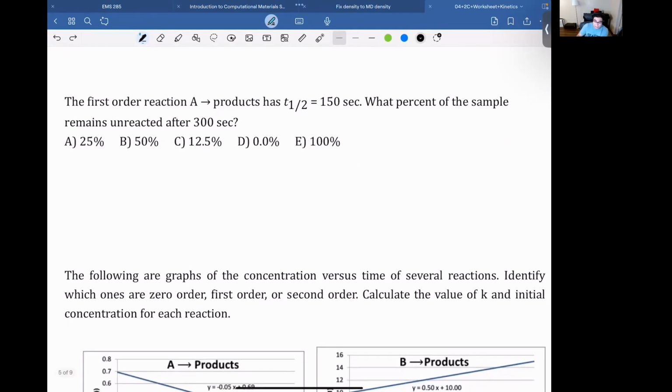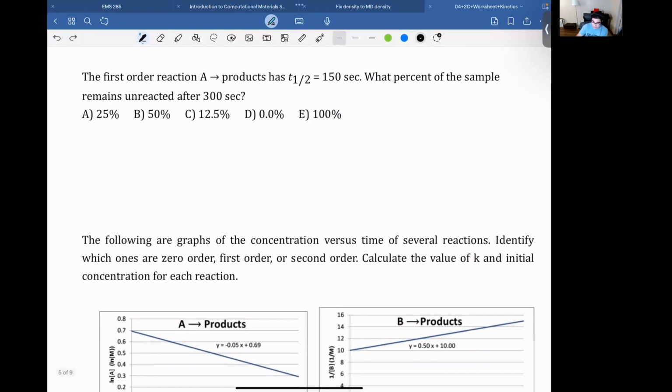This is a first order reaction, A decomposing to products, with a half-life of 150 seconds. What percent of the sample remains unreacted after 300 seconds? So it's first order. The half-life is constant from what we just saw a second ago. So we can easily do this.